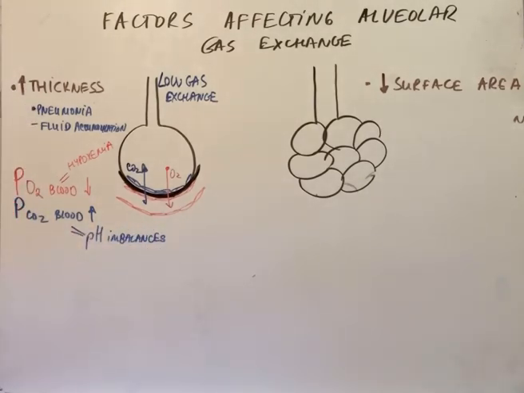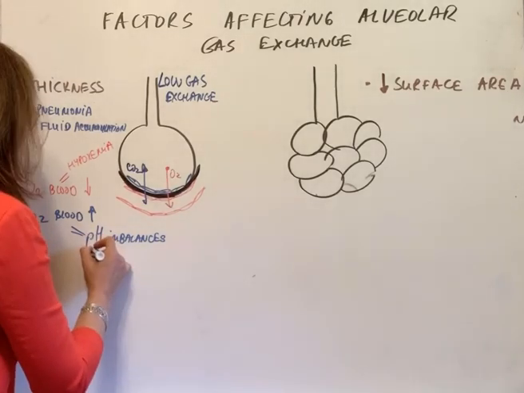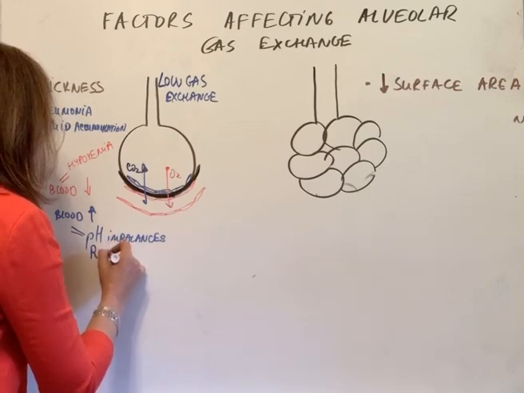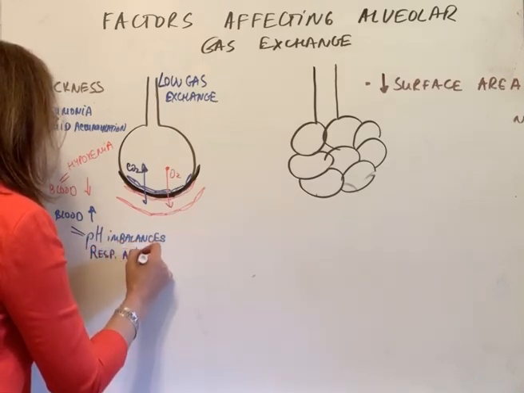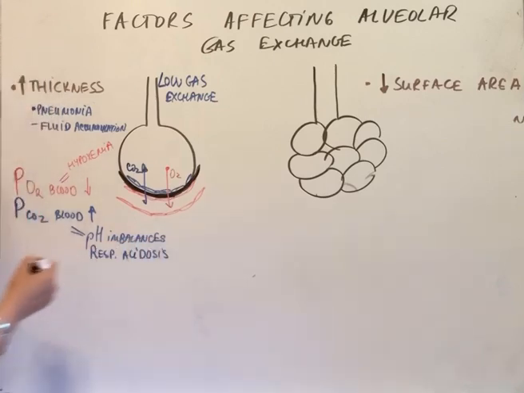And if we are accumulating CO2, and CO2 is a source of hydrogen, it can lead to respiratory acidosis. So an increase in the thickness of a respiratory membrane is going to lead to a low concentration of oxygen in blood and high concentration of carbon dioxide with potential changes in the pH.